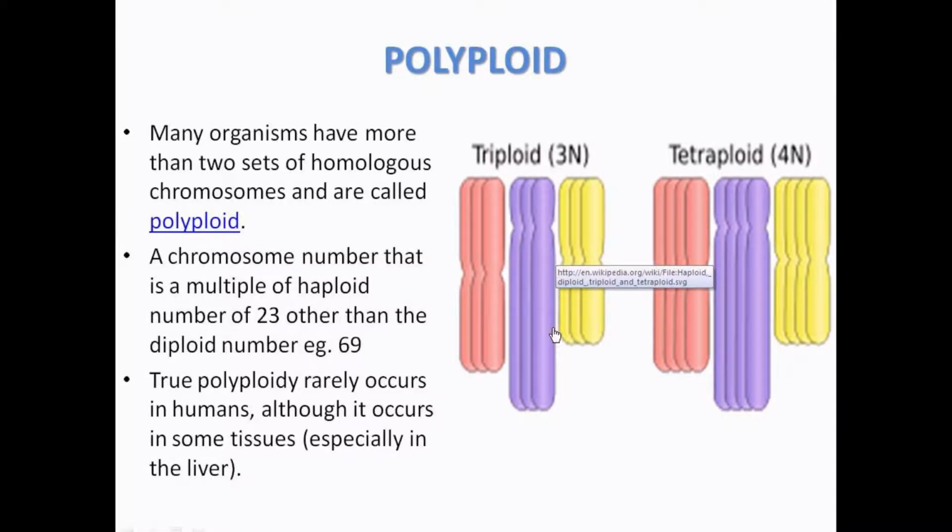A polyploid organism is one with more than two complete sets of chromosomes in each cell. This can happen if, for example, meiosis goes wrong when gametes are being formed, so that a gamete ends up with two sets of chromosomes instead of one set.